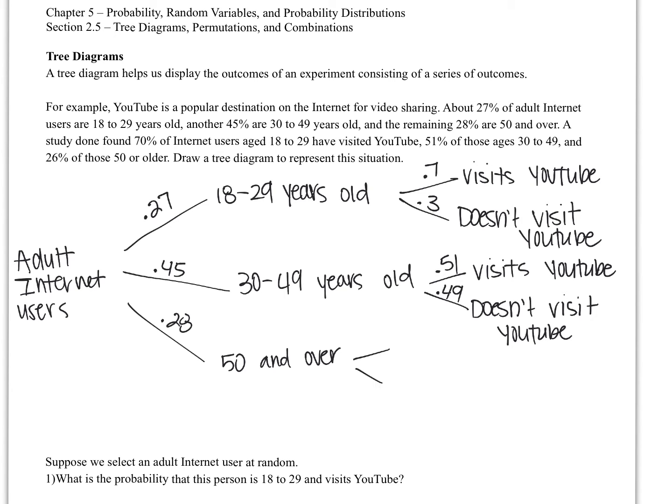And then our 50 and over, same thing. And we have that 26% visit, which means 74% don't. And we'll talk in a little bit, we're going to do examples next on how we find probabilities based off our tree diagram.